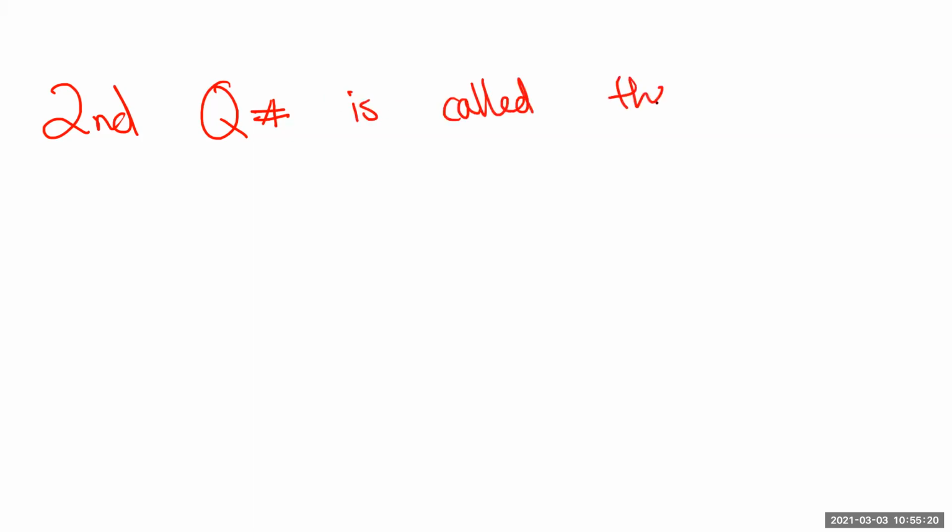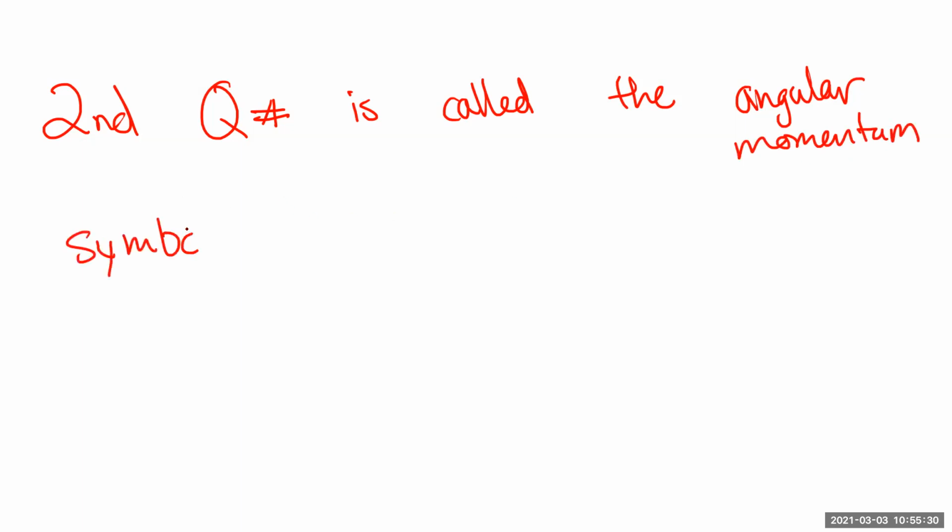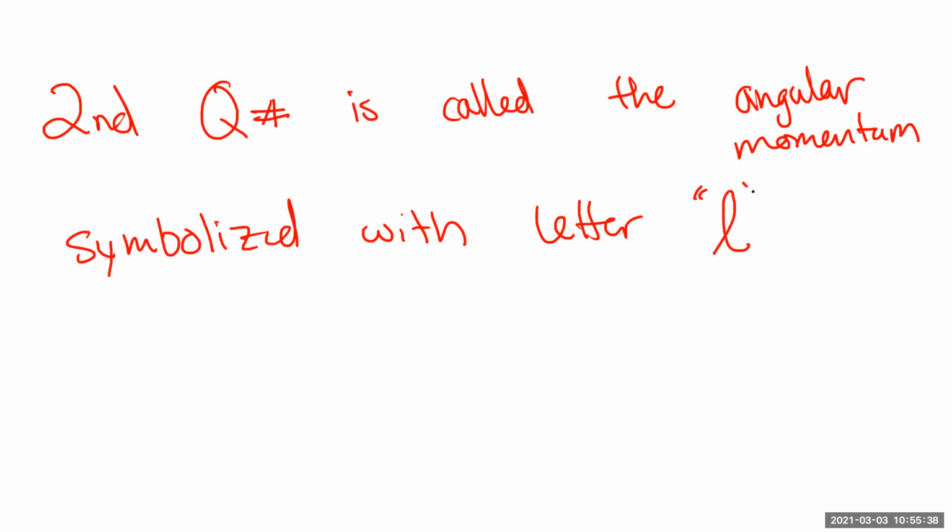The second quantum number that is discussed in the book and that we often talk about is called the angular momentum quantum number. It is symbolized with the letter lowercase cursive l.